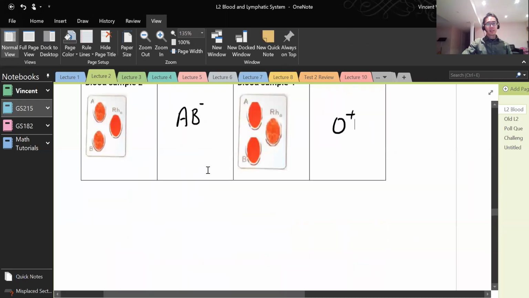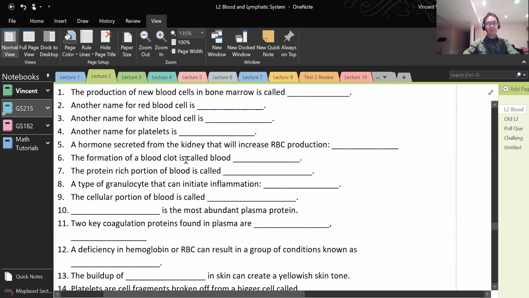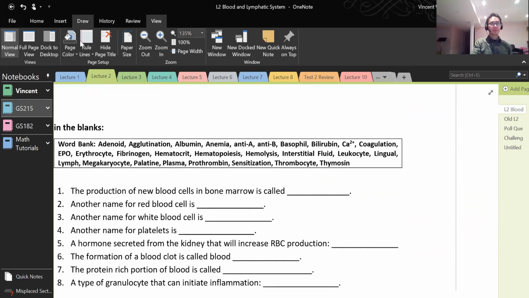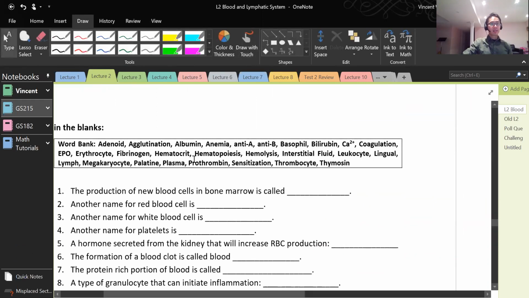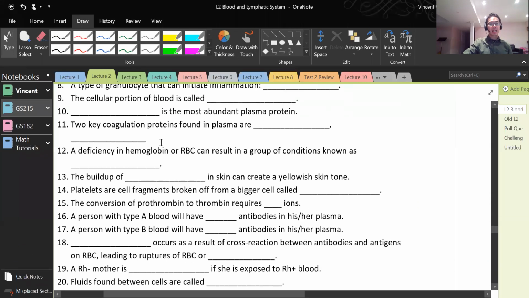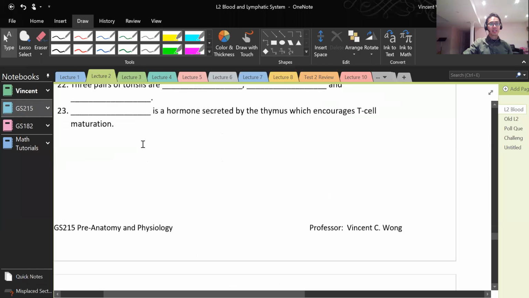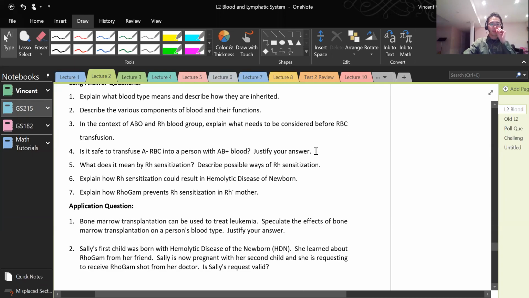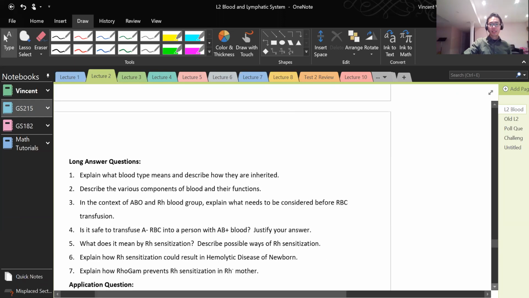Let's do the fill in the blanks. I think I'm going to post the answer for the fill in the blanks afterwards, and you can just check yourself. I'd rather spend time going through some of these long answer questions.